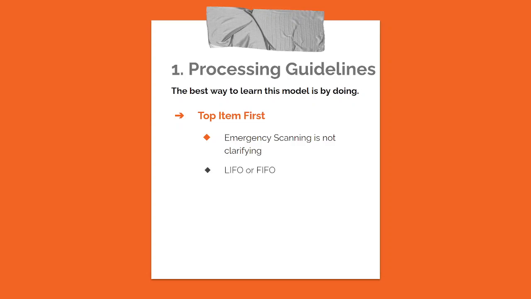The next is LIFO or FIFO, which is last in first out or first in first out. Theoretically, you should flip your in-tray upside down and process the first thing that came in. As long as you go from one end clear through to the other within a reasonable period of time, though, it won't make much difference.